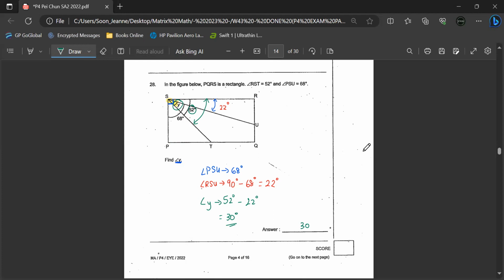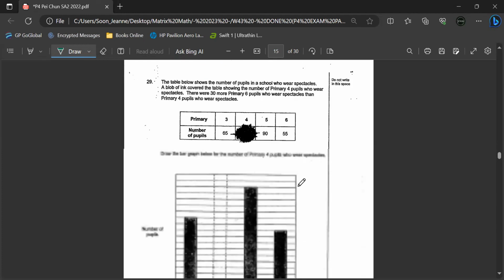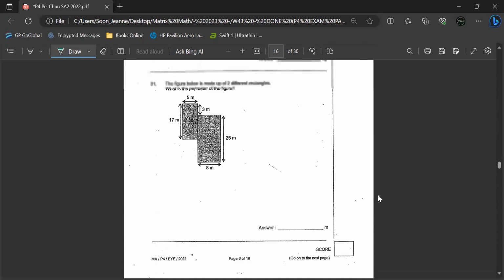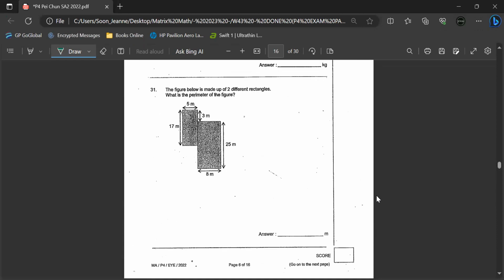All right. Moving on to question number 31. The figure below is made out of two different rectangles. What is the perimeter of the figure? You see there are many measurements here, right? Actually, you do not really need to plus and minus to find the measurement. We can use the push-up method.